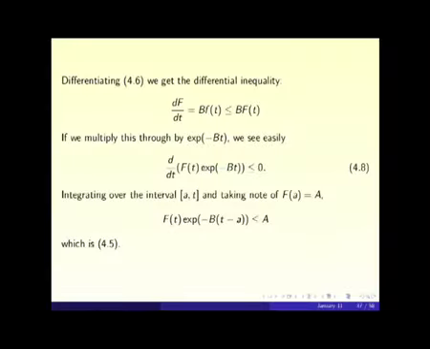F of little a equals capital A, and then incorporate that into your integral. You get F of t into exponential of minus B into (t minus little a) less than or equal to A, which is what we wanted to prove.